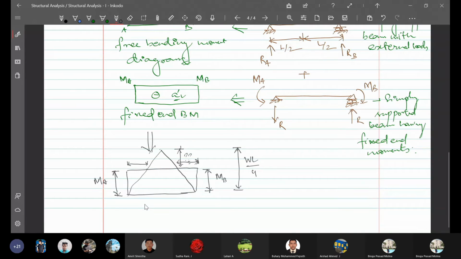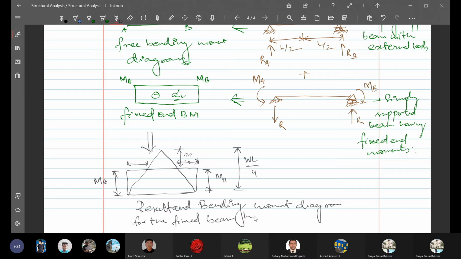So I can write this as the resultant bending moment diagram for the fixed beam having a concentrated load at midspan.